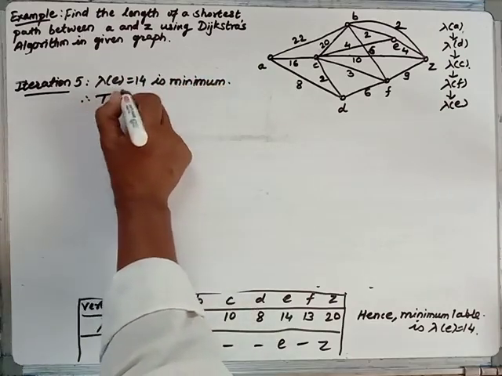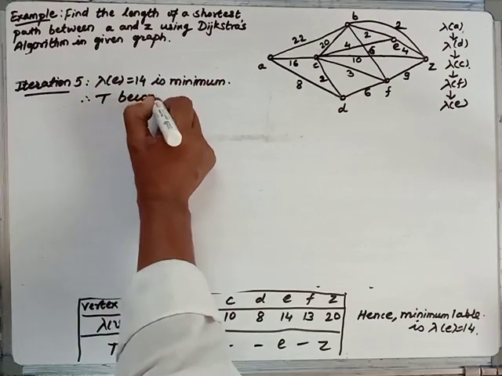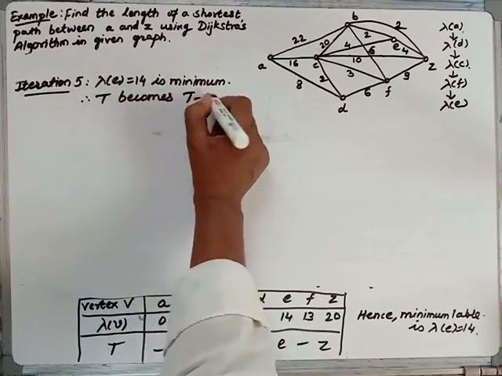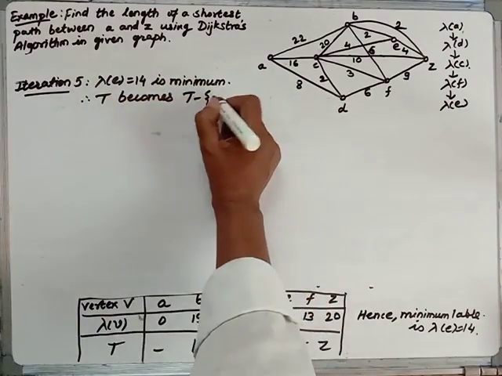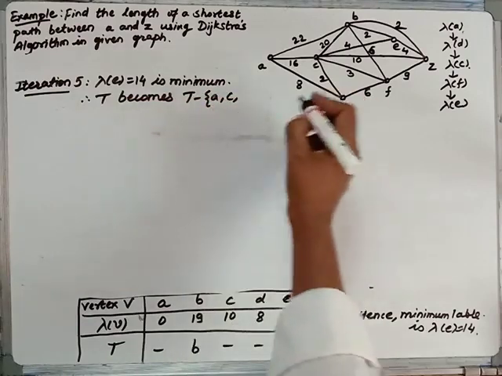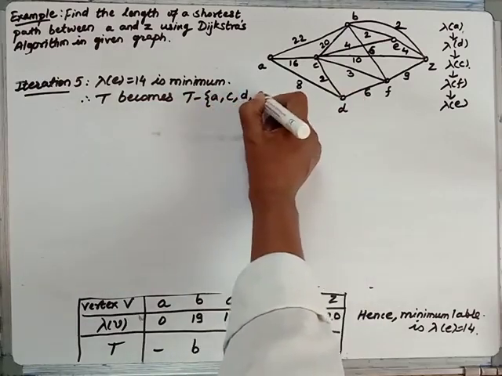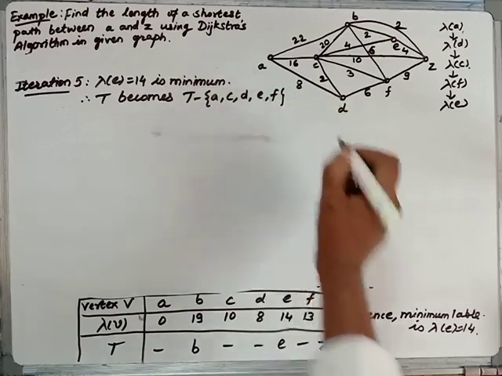Therefore, T becomes T minus A, C, D, E and F now, right?